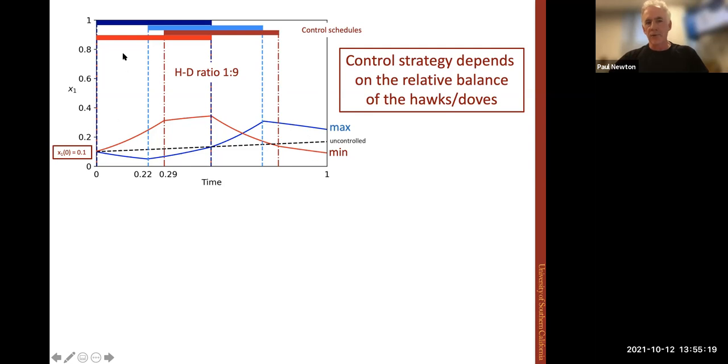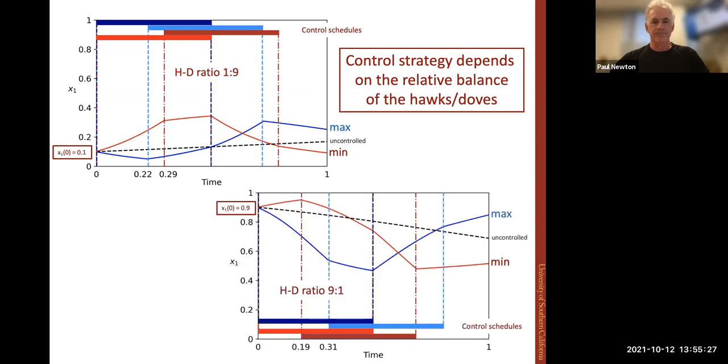And the optimal schedule that you get by Pontryagin's maximum principle and computing it depends on the initial condition. So for example, if you have a large population of hawks compared to doves, so here the hawk-dove ratio is 9:1, here the hawk-dove ratio is 1:9 initially, you have a completely different schedule.